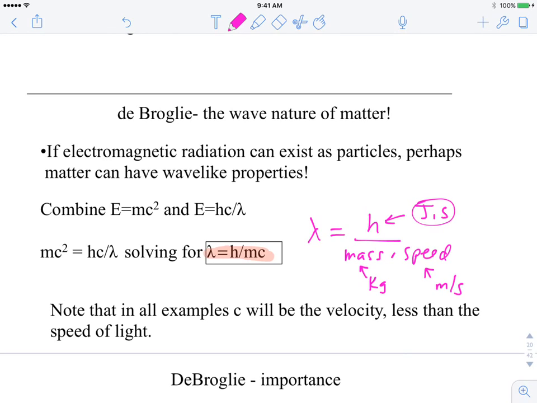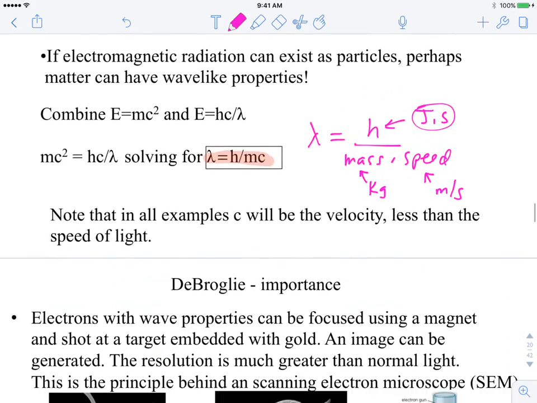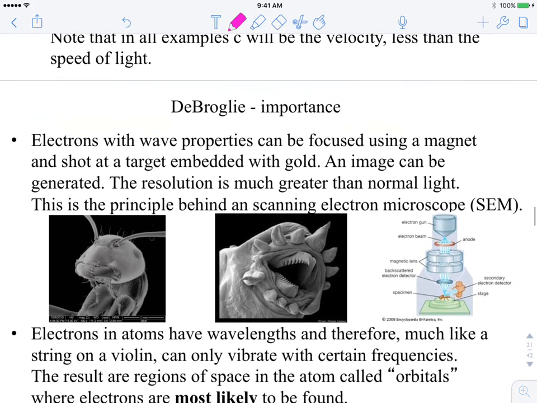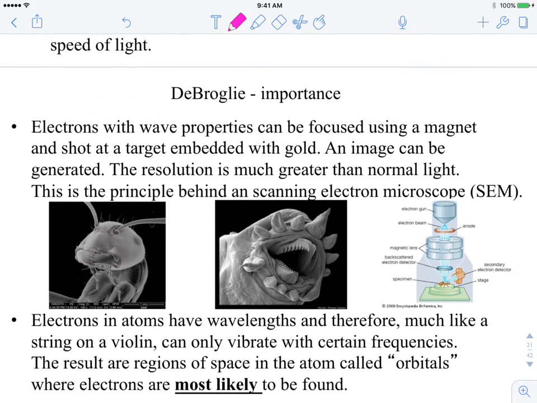Now, once de Broglie discovered this, a lot of people started manipulating the wave nature of matter, and we see that all over the place. One way to look at it is with electrons. Electrons actually have a very pronounced wave property, and you can use these wave properties of electrons to focus the beam of electrons, shoot it at a target, and generate an image from it.